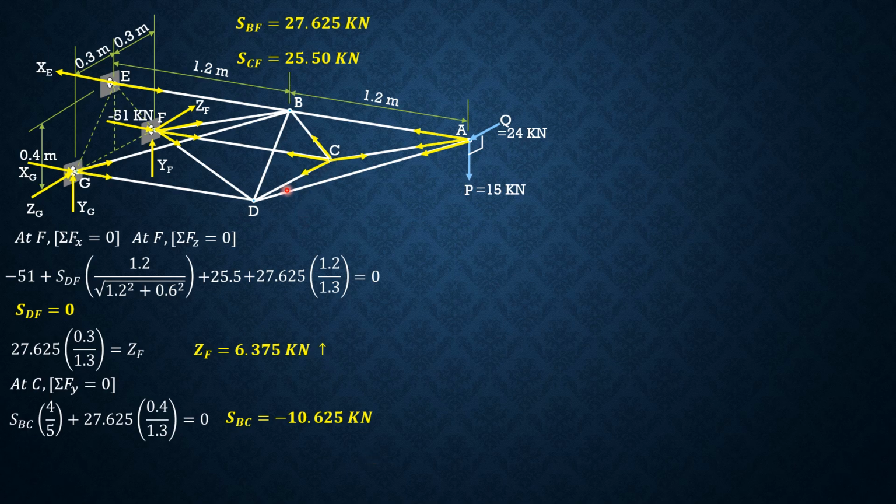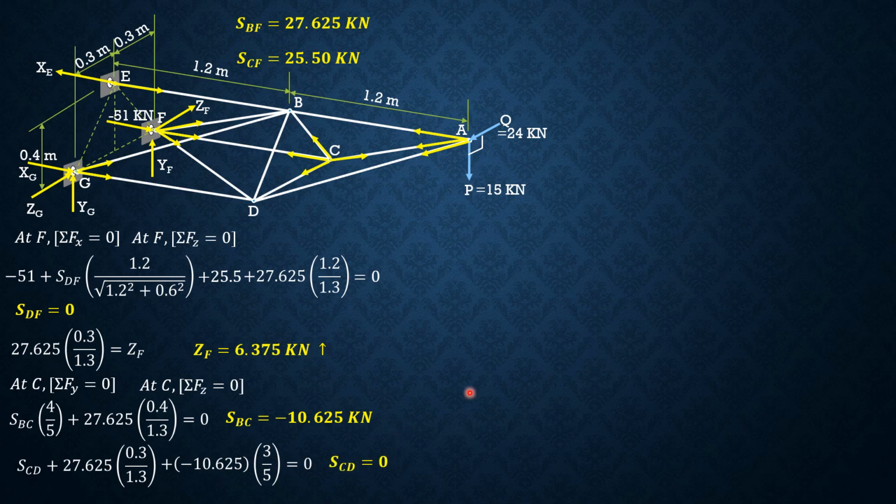Then summation forces along Z to solve for SED. So SED plus 27.625 SAC times 0.3 over 1.3 plus SBC, which is negative 10.625 times 3 over 5, equals 0.